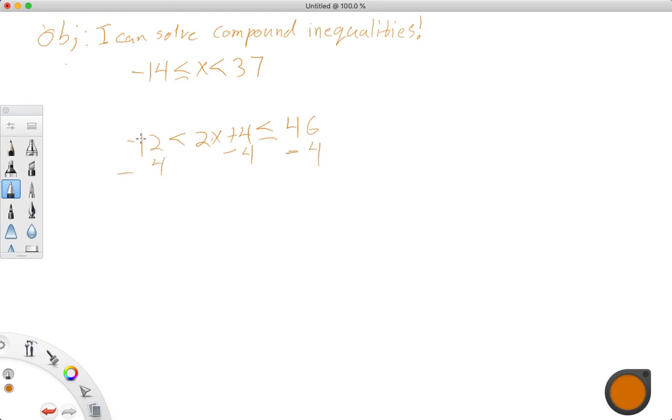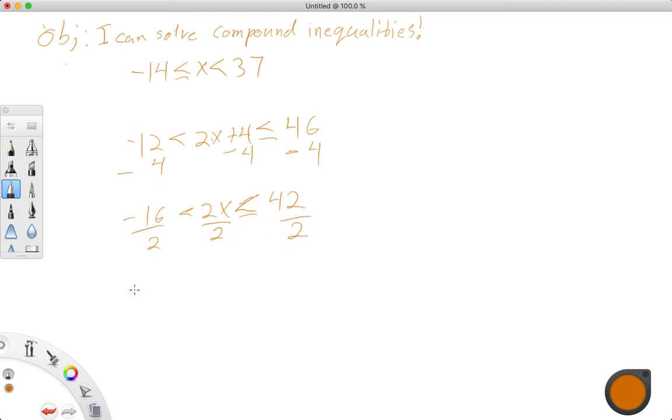Negative 12 minus 4 is negative 16, is less than 2x. Positive 4, negative 4 cancel each other out. That goes to 0, is less than or equal to 46 minus 4, which is 42. Then I'm going to divide out my 2, on all three spots.